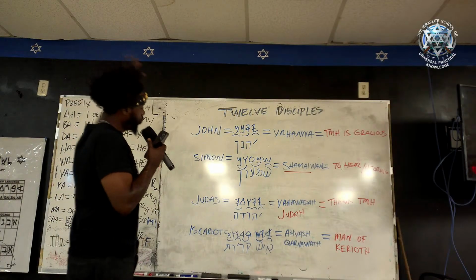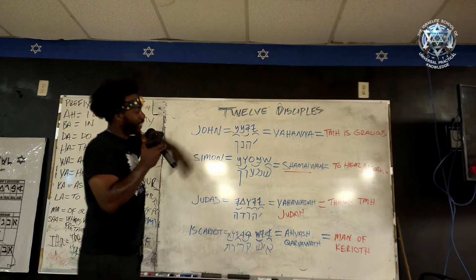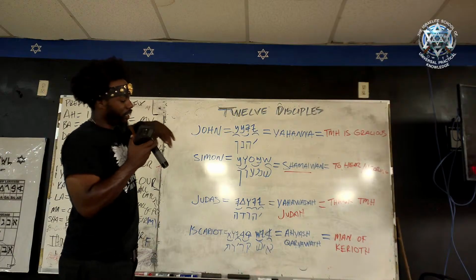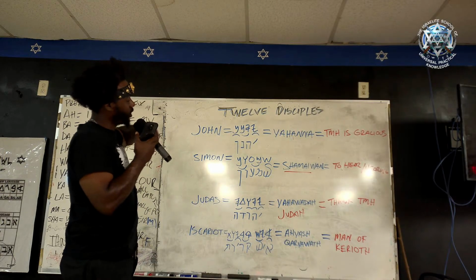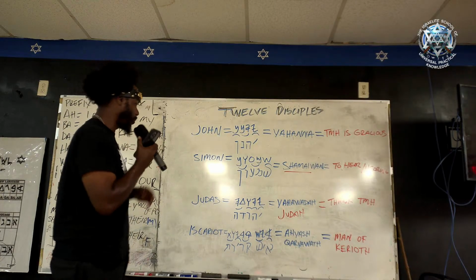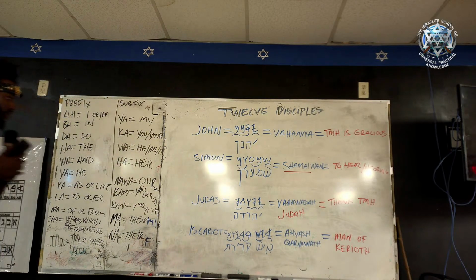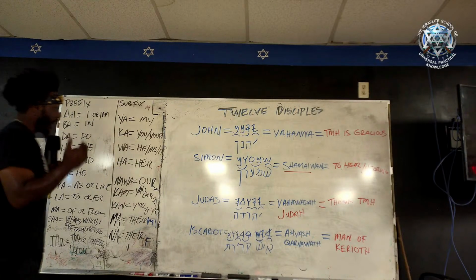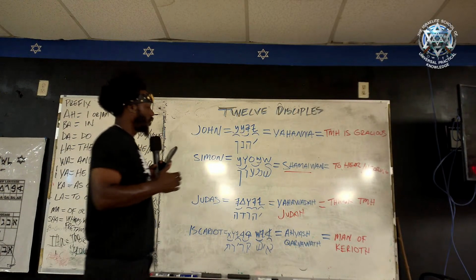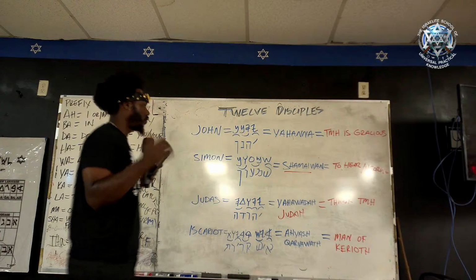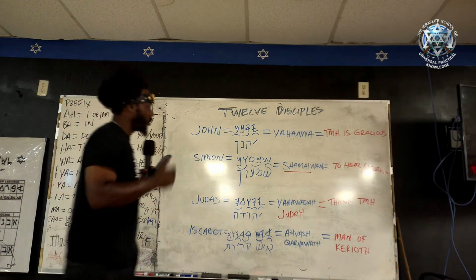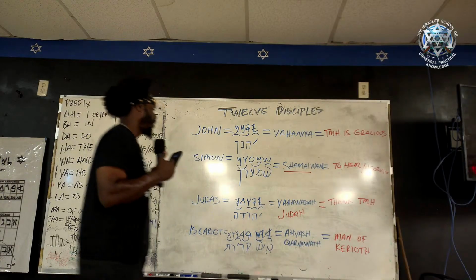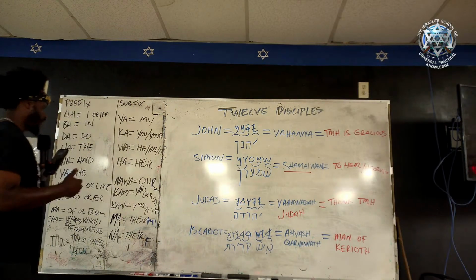So, quick review. I'll do the last of them next class, right? We have John, which is Yahanna in Hebrew, which means the Most High is gracious. We have Simon, which is Shemayawan, which means to hear or hearing. Root word of Shemayawan is Shemai, which means to listen or hear, right?